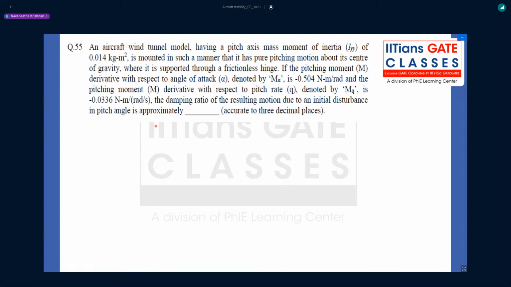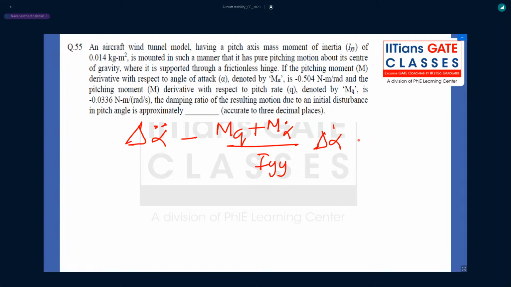The short period oscillation can be denoted by this equation: del alpha double dot minus (mq plus m alpha dot) divided by Iyy into del alpha dot minus m alpha by Iyy into del alpha equal to 0. This is the longitudinal dynamic equation of short period oscillation.